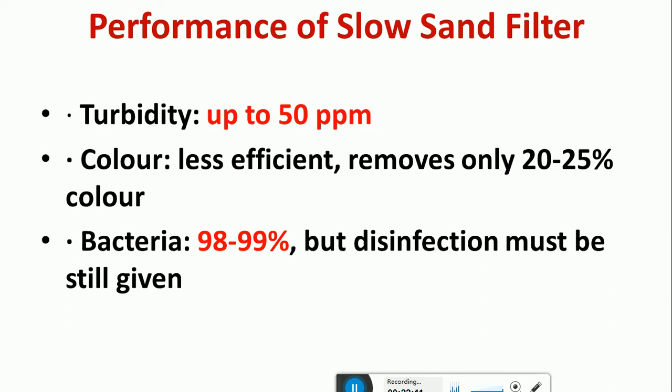It is less efficient in removing color, removing only 20 to 25% of color. Whereas it effectively removes bacteria, in the range of 98 to 99%, but disinfection still has to be done after the process of sedimentation.